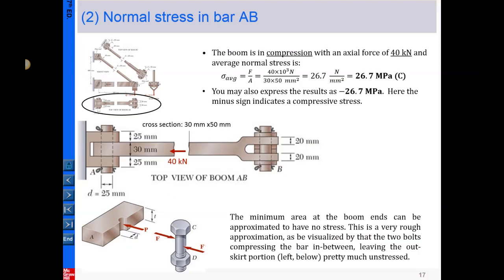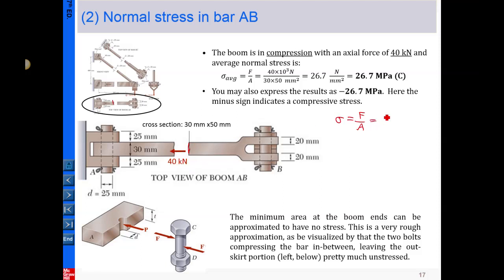The second one, we change our focus to the bar AB, which is at the bottom here. Okay, I just highlight here. So the first one, we determined the stress in the bar BC. Now let me take a cut, that's a cross section here. Again, the stress equals F divided by A. Earlier we have determined the force has magnitude equal to 40 kilonewton.